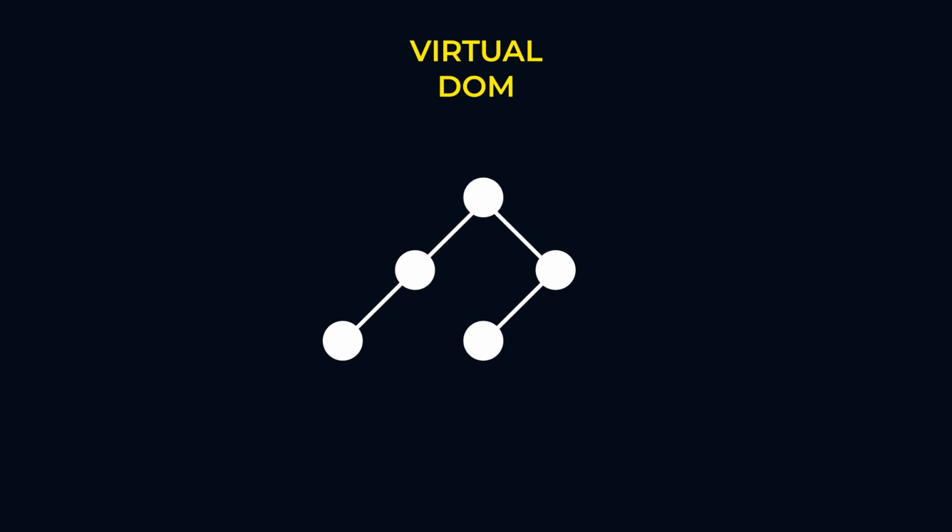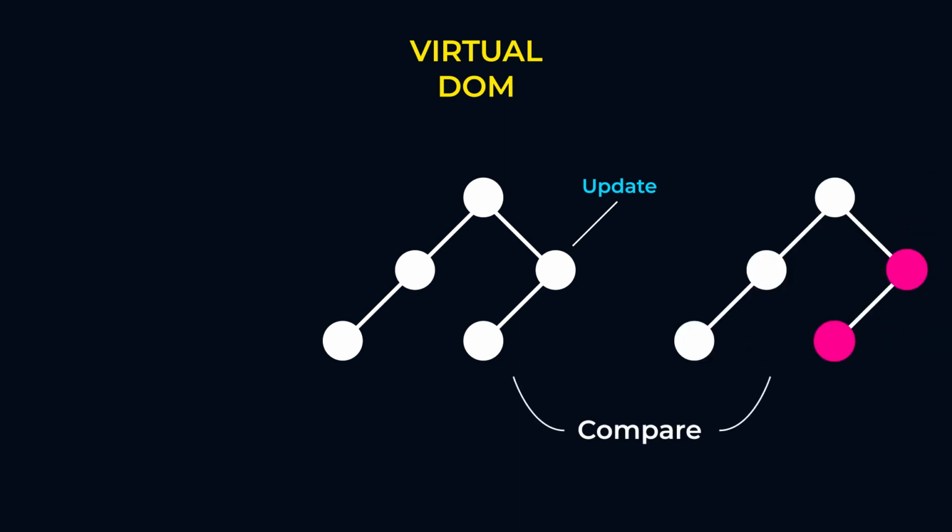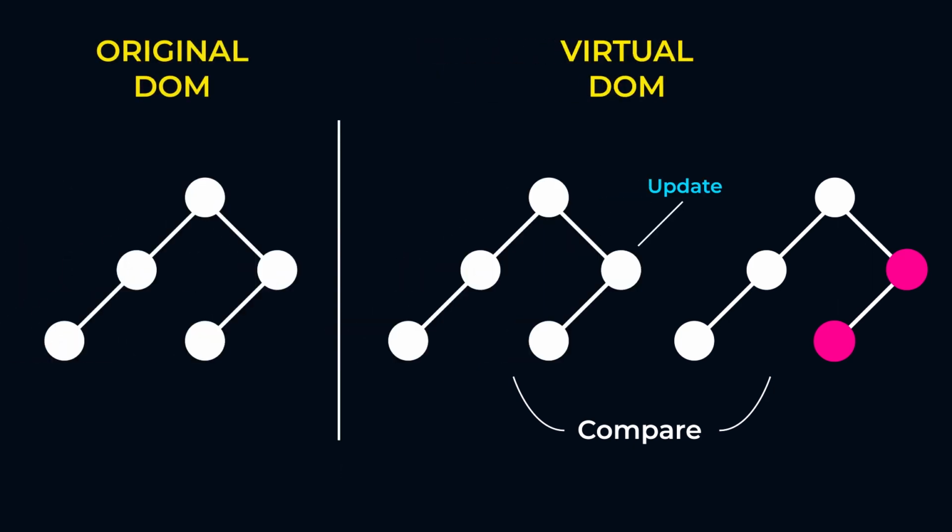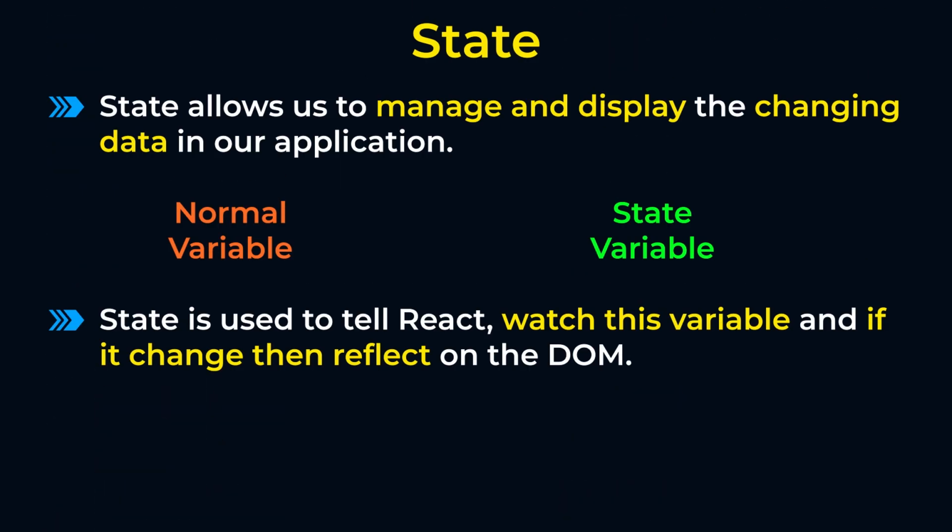As we know, React has a virtual DOM. So when we change the state of one component, React gets this new component and compares it with the old component, and then only reflects those changes on the real DOM. Simple as that. State is a very important concept of React, and many beginner developers struggle with this concept.